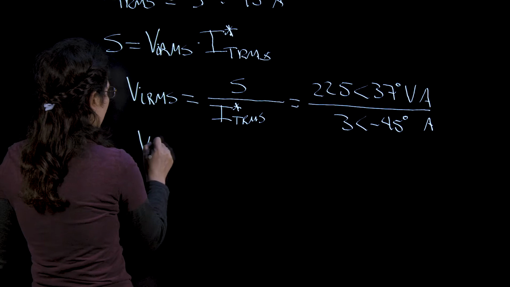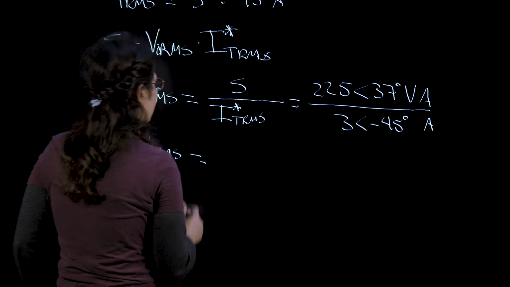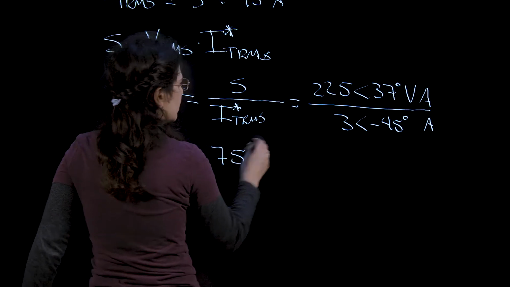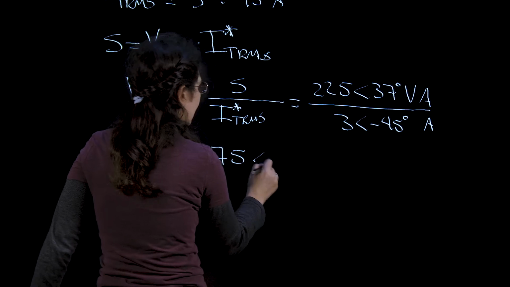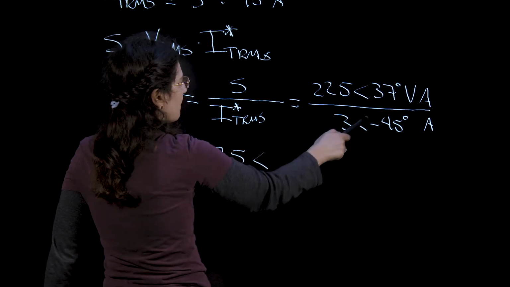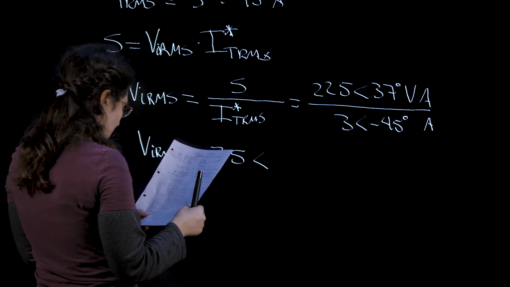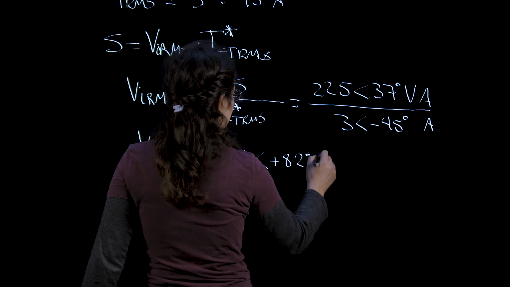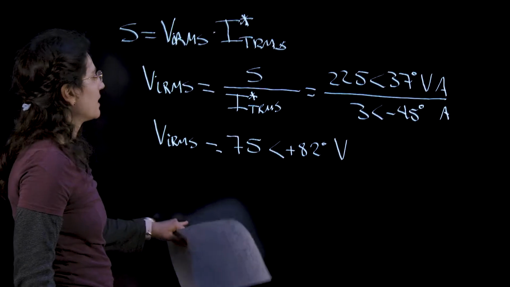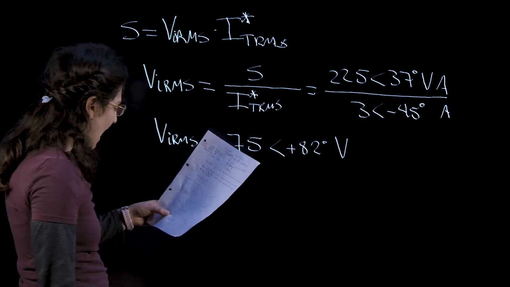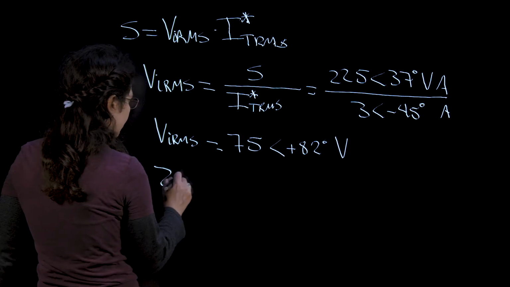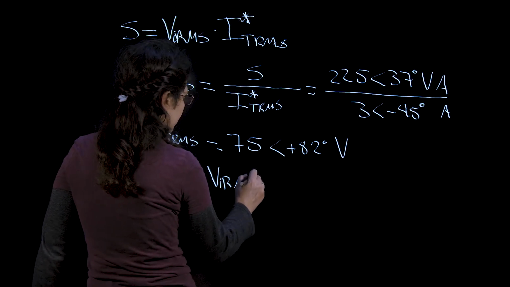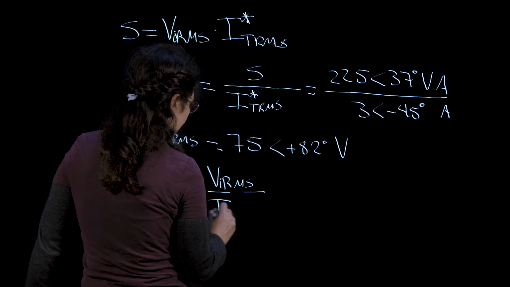So my input voltage RMS becomes 75, which is 225 over 3, with an angle of 37 degrees minus minus 45 degrees, which is plus 82 degrees. And this is volts. Now, with this voltage, I can calculate my total impedance, which is the input voltage over the total current.